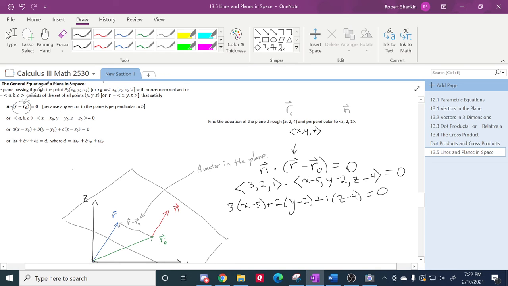Any questions? I have a question. When you asked us why this is not a cross product and it is a dot product, I was just thinking, and actually you draw the plane here, right? Yeah.